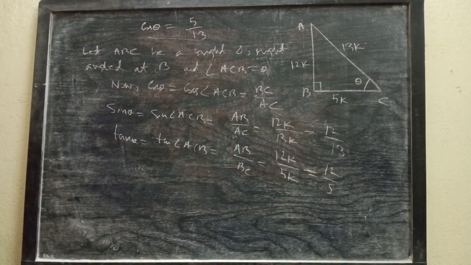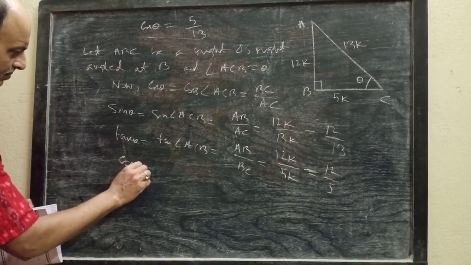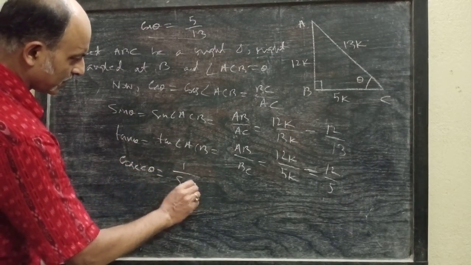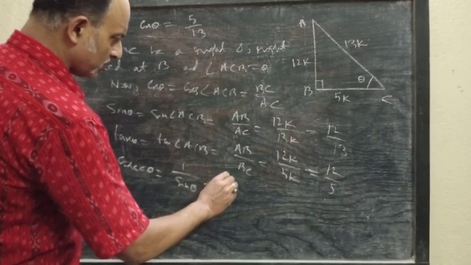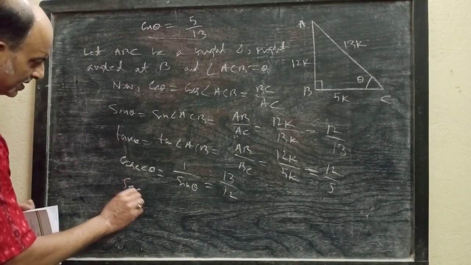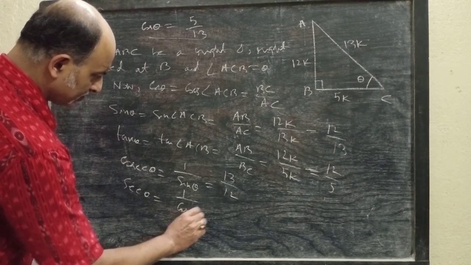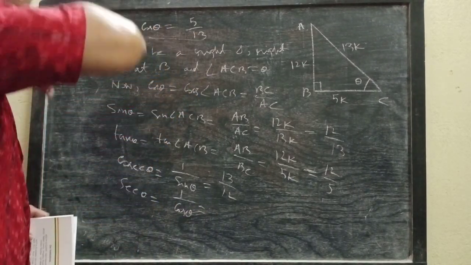Then cosec theta. Cosec theta is reciprocal of sin theta, so 1 by sin theta. Your sin theta is 12 by 13, so this will be 13 by 12. Next, sec theta. Sec theta is reciprocal of cos theta. Cos theta was given 5 by 13.